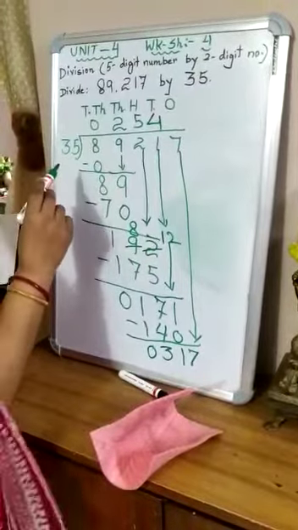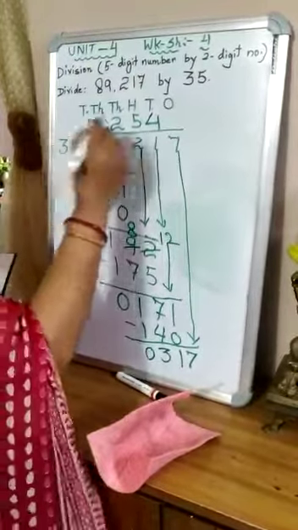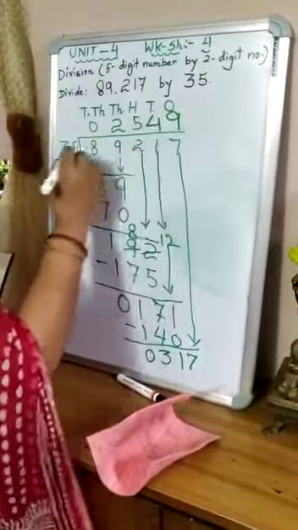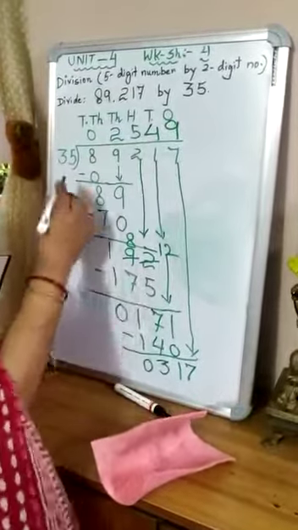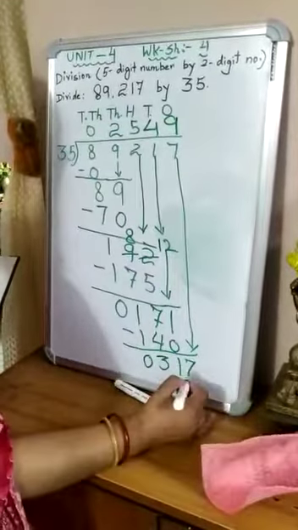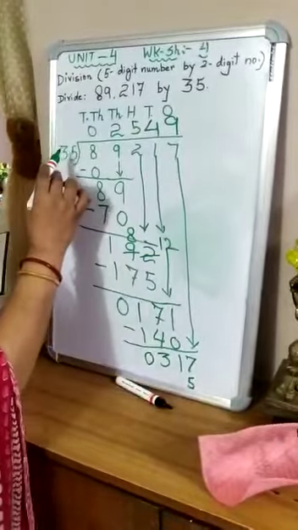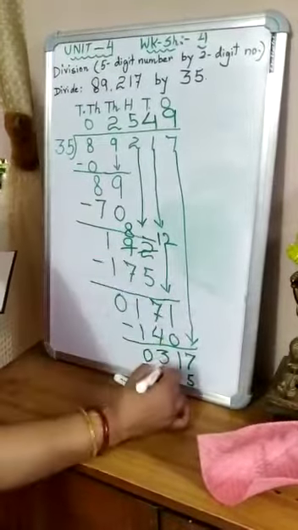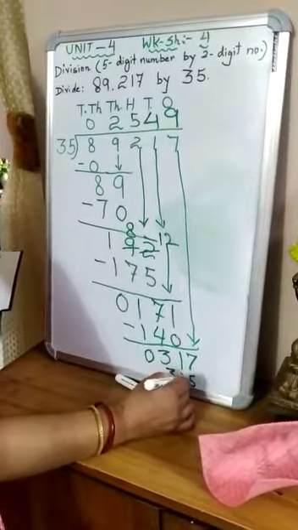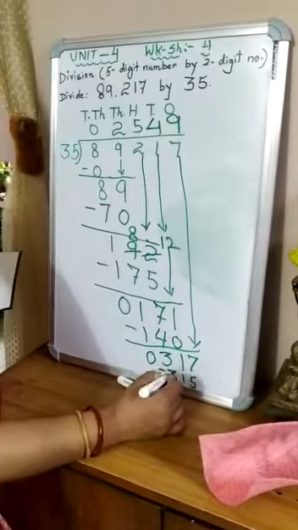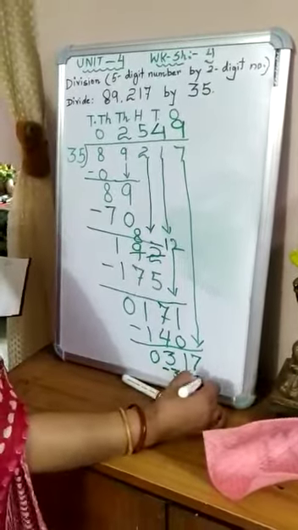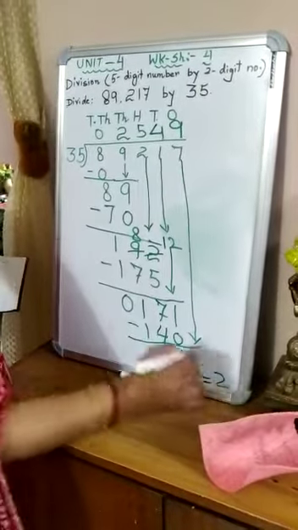So I will start the multiplication table. 35 nines: 9 fives are 45, 5 carry over 4. 9 threes are 27, 27 plus 4 is 31. So I will subtract 317 minus 315, that is equal to 2. Right?